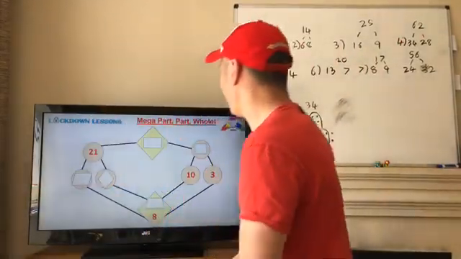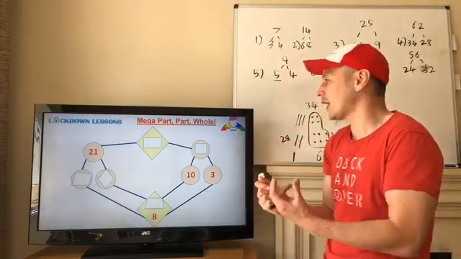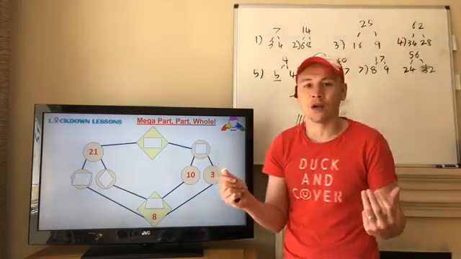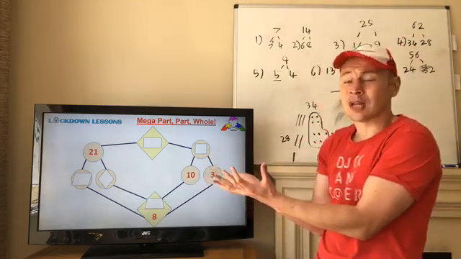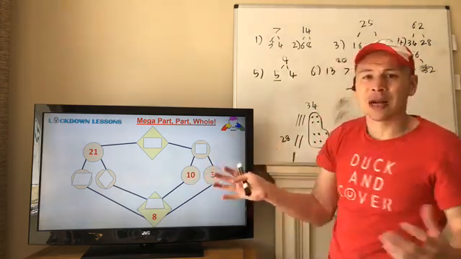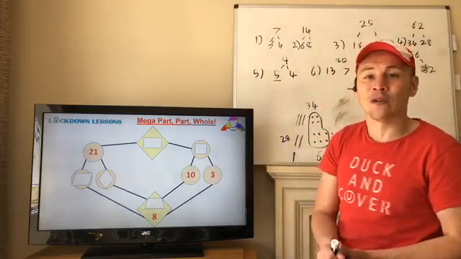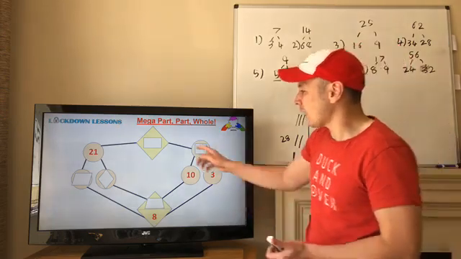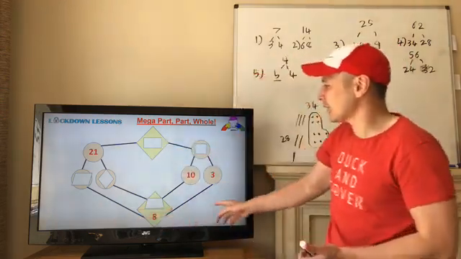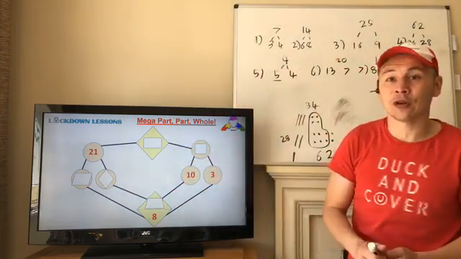Right, before that, this is a puzzle that some of you have been getting as your homework. It's like a mega part whole diagram, and they're really good for solving puzzles. It doesn't really show what subtraction and addition is, but they are nice little puzzles. I wanted to see who can solve this. I've got different shapes on here, and I want to see if you can work out what number goes inside the different shapes.